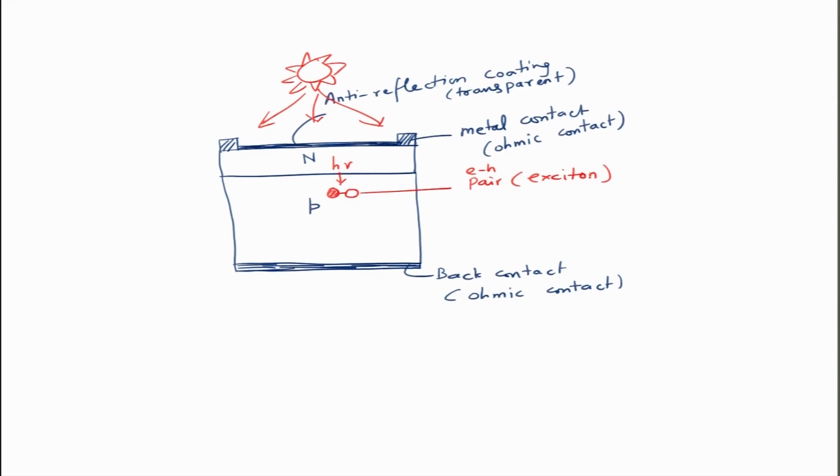This exciton dissociates, and this carrier will travel to this side, and this one to this side, and this is connected to an external load, some RL. This is what the typical solar cell geometry is.